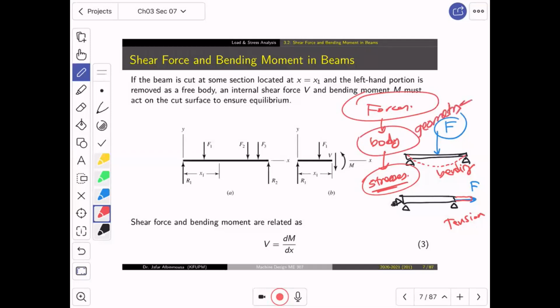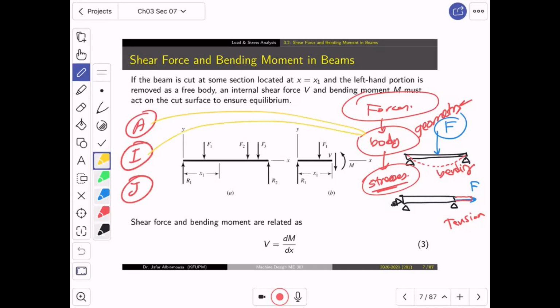And in the sense of geometry, we deal with it in a mathematical way. So for example, we either deal with the geometry as A, which is the area, or as I, which is the moment of inertia, or as J, which is the polar moment of inertia. That's how we encompass, guys, the body. That's how we do it.